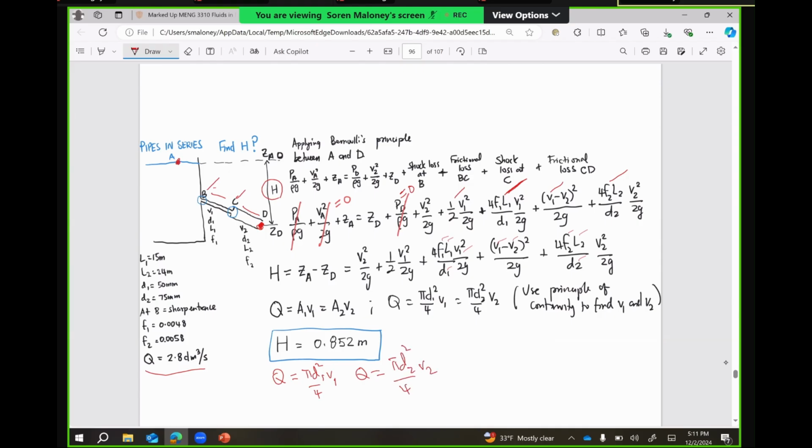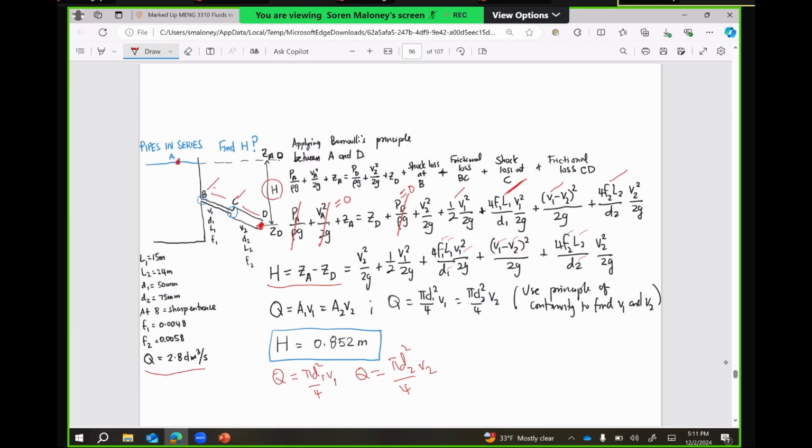So I can find the velocities in the different sections, because I know what Q is. I can find V1, I can find V2, using the continuity principle. And then I can plug that in to give me my ZA minus ZD.